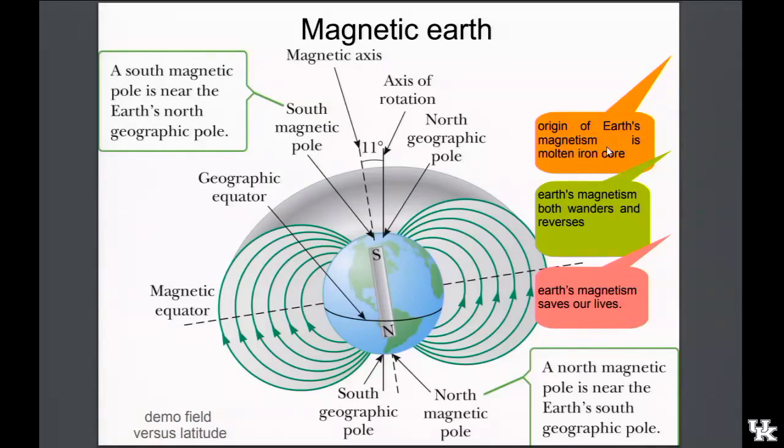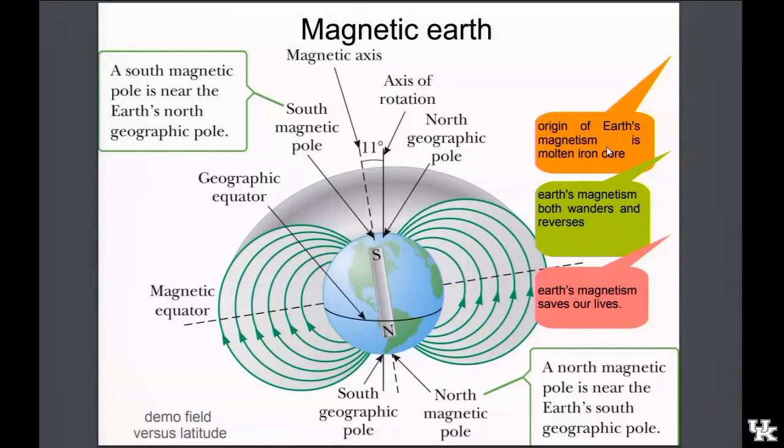And it wanders around. It moves around. And so the magnetic North and South Poles are not perfectly stable. They have flipped over the history of the Earth, and they do wander around over Canada and Greenland and so forth. So those are all interesting facts.